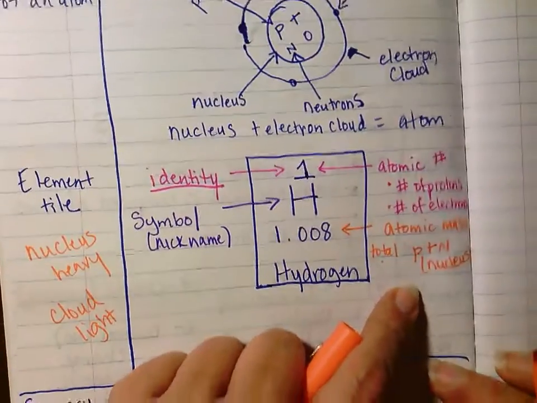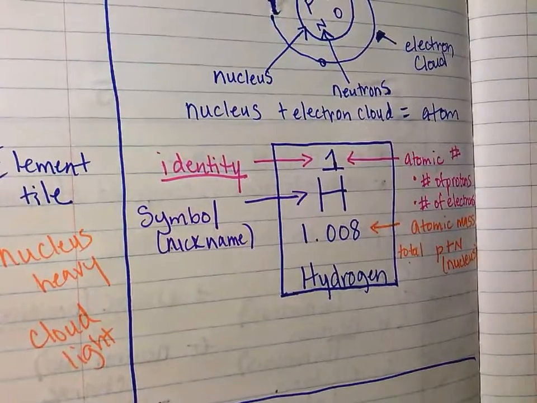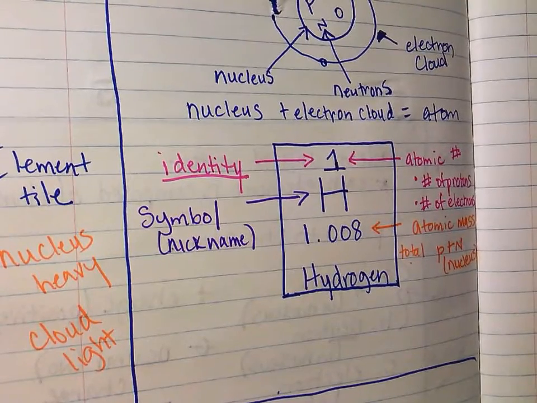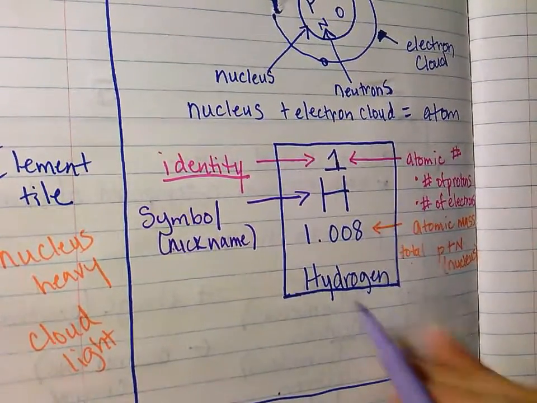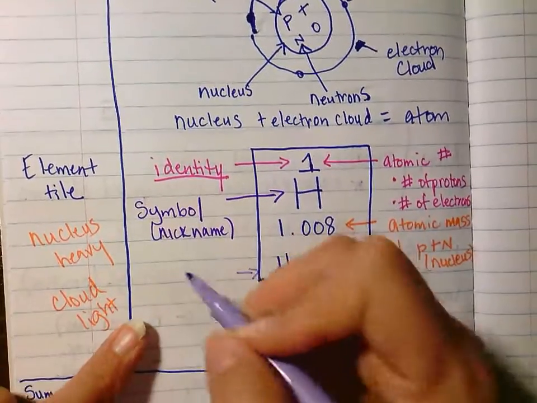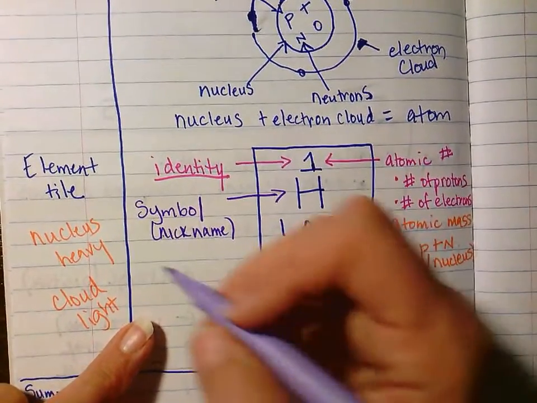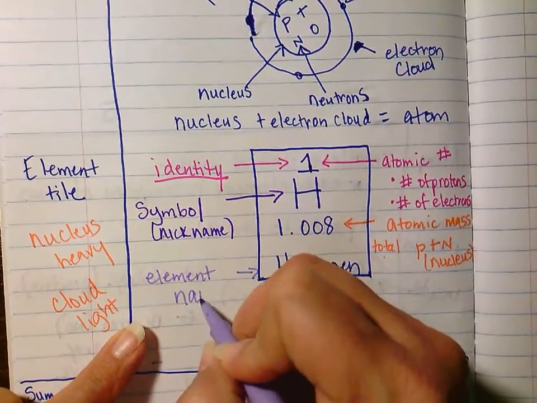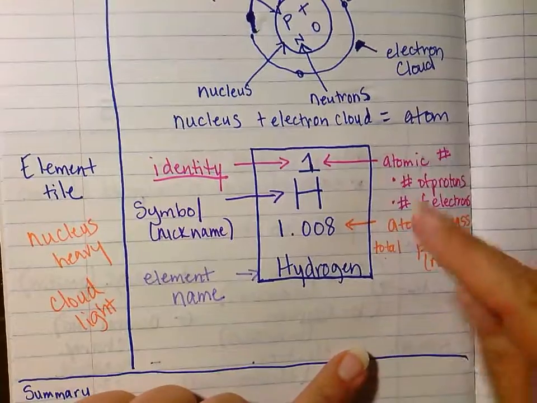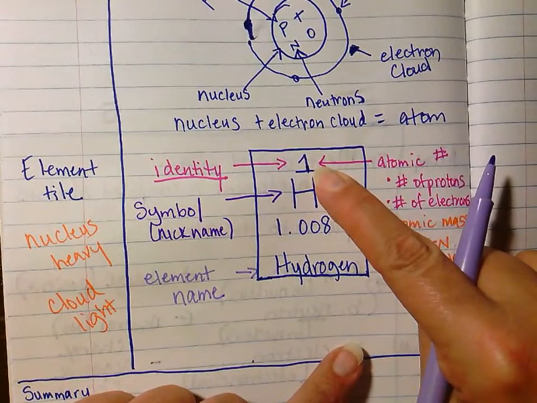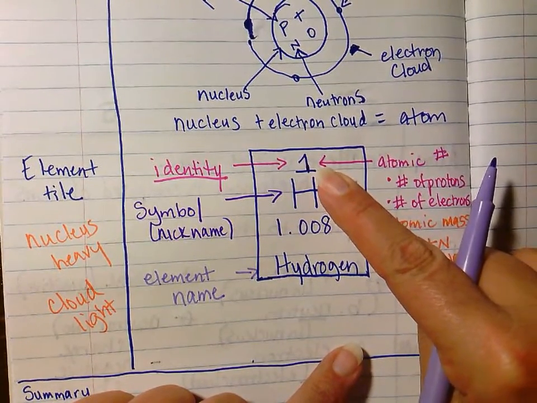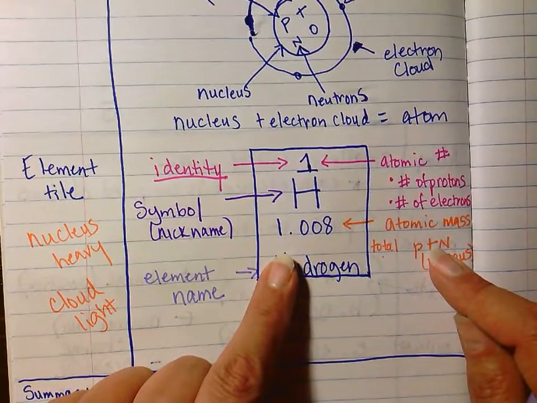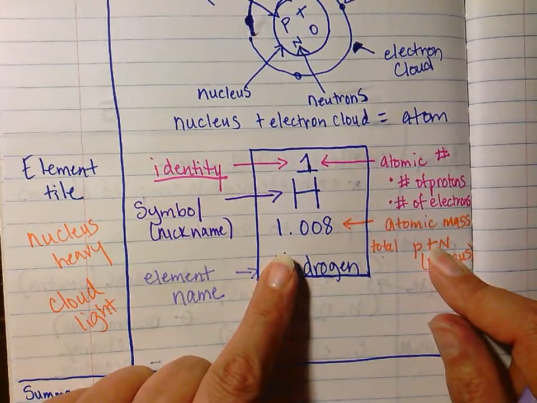All right. And then the last thing is at the bottom, and of course this one just kind of goes without saying. At the very bottom here you have the element name. Okay, now if this tells us that we have 1 proton and we have 1 electron, and the bottom number tells us the total number of protons and neutrons, then how do we find the number of neutrons?